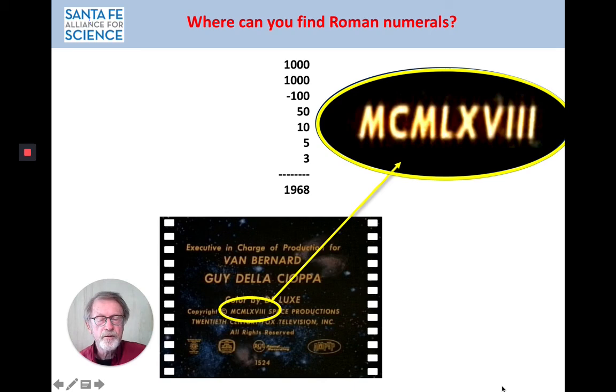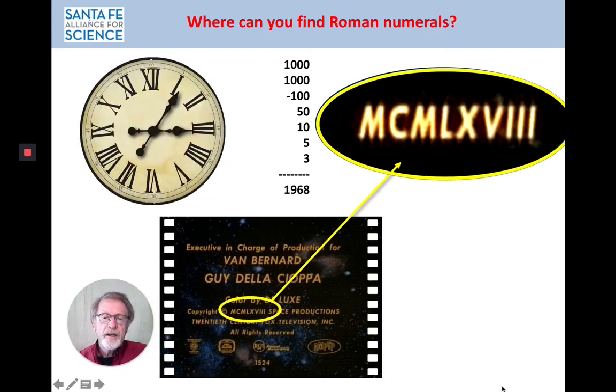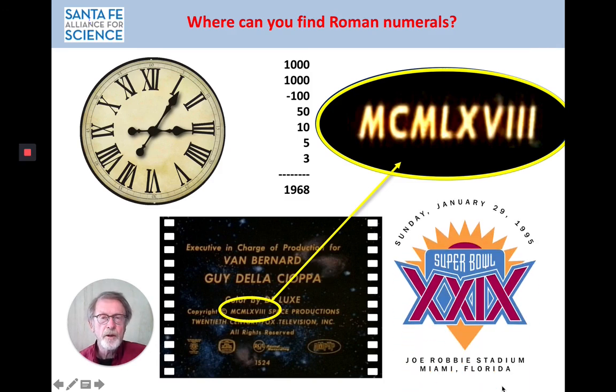Then there is L for 50, X is 10, V is 5, I. When I add them all up, it is 1968. Many old clocks have faces with the numbers 1 through 12 written in Roman numerals. And here's another one, the Super Bowl. Super Bowls are numbered in Roman numerals. This one is the logo for Super Bowl XXIX, that is 10, 20, 30, minus 1, is Super Bowl 29.